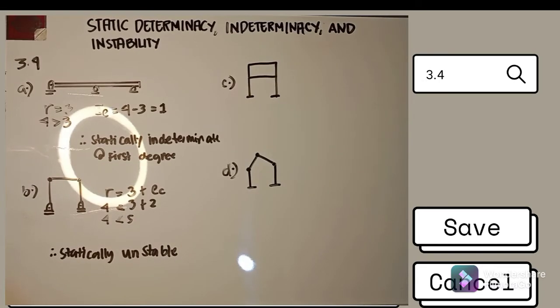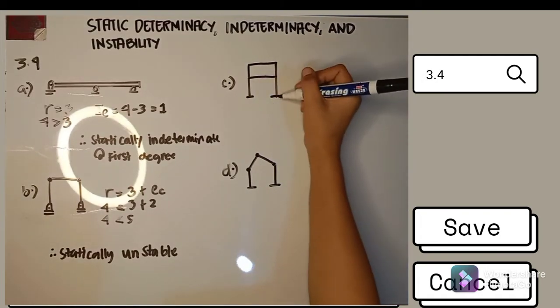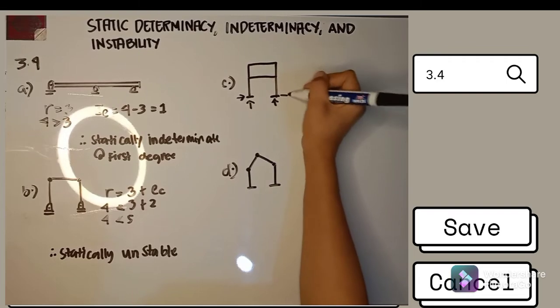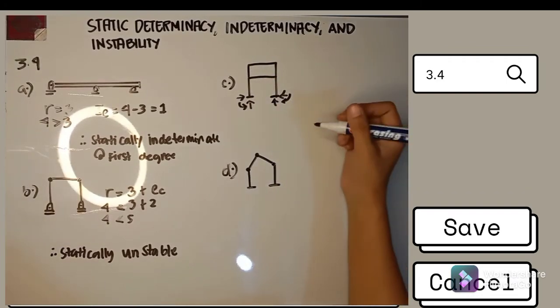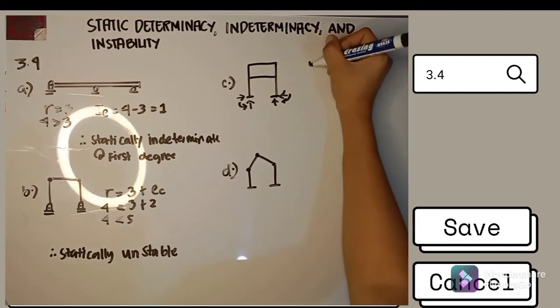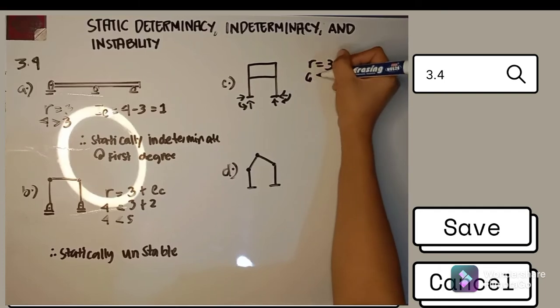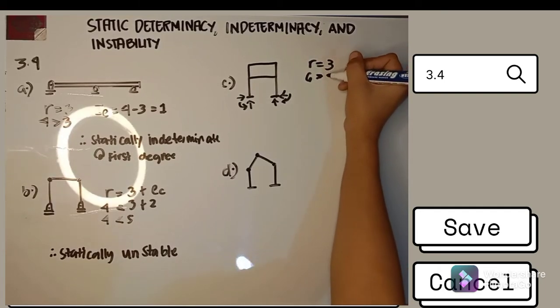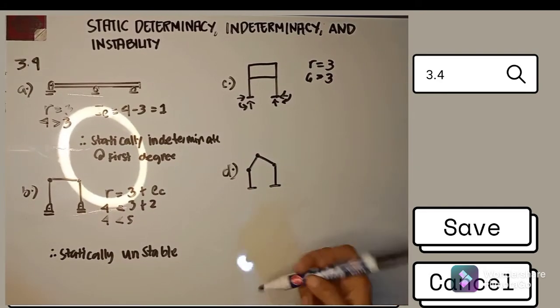Let's proceed to letter C. This frame is fixed. So, pag fixed siya, meaning meron siyang tatlong reaction each. Now, R is equals to 3. So, ang ating external reaction X is 6, 6 is greater than 3. Therefore, this is statically indeterminate.